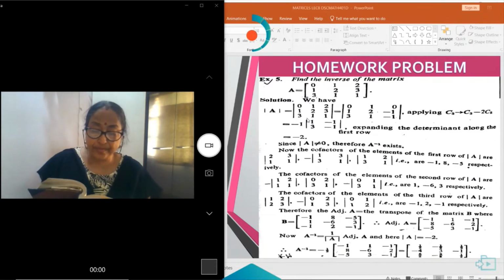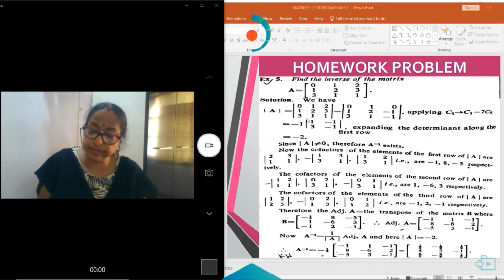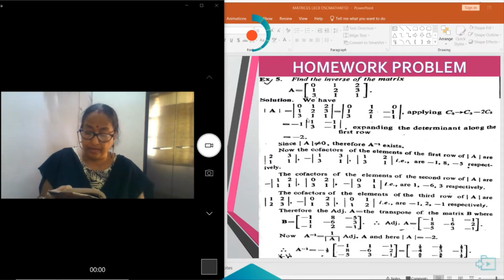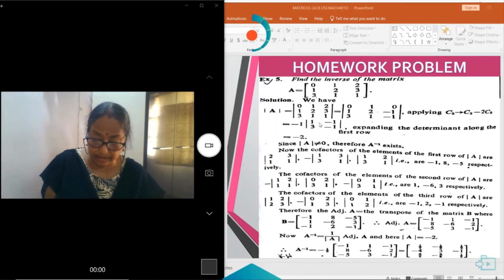Now another homework I have given. You see here, find the inverse of the matrix A is equal to 0, 1, 2, 1, 2, 3, 3, 1, 2.